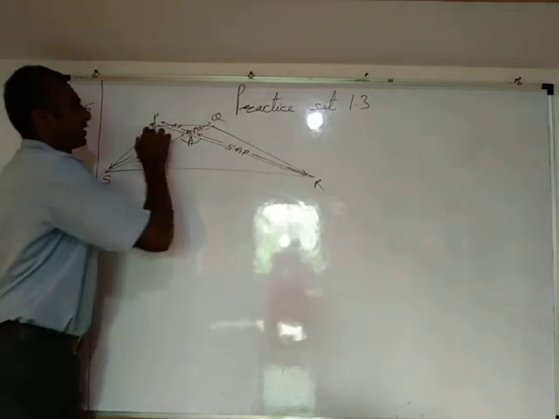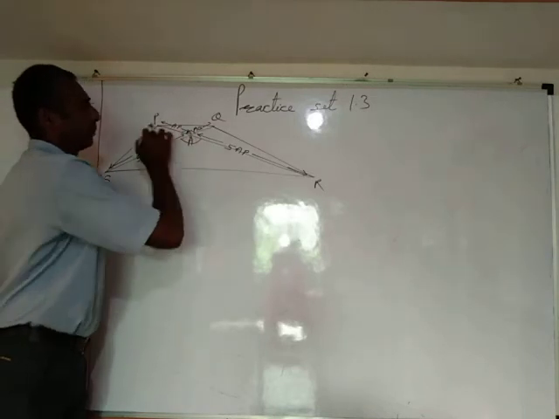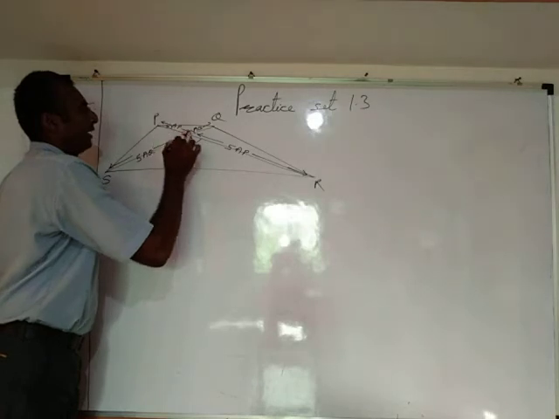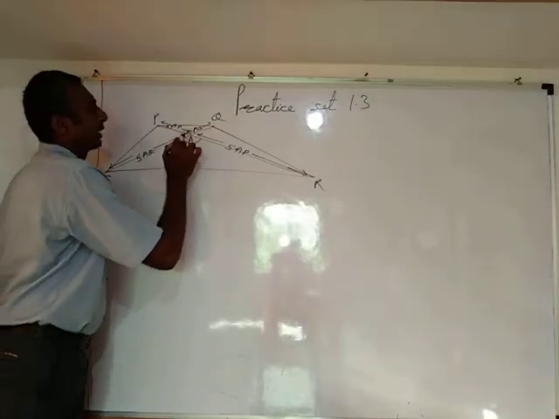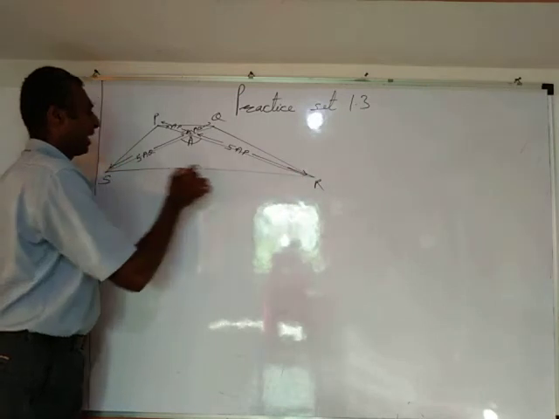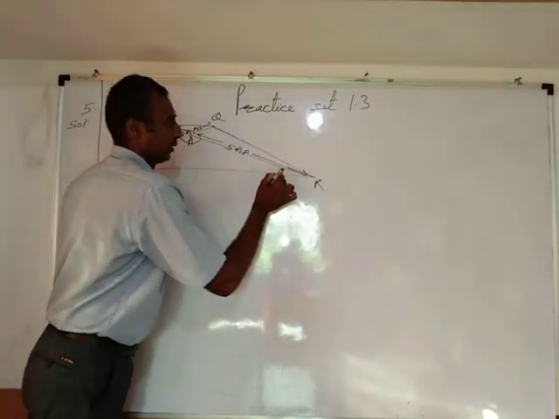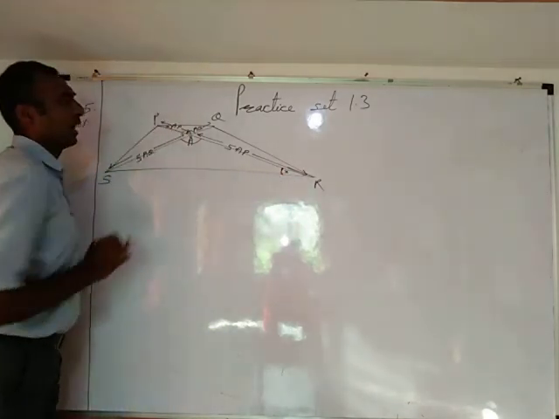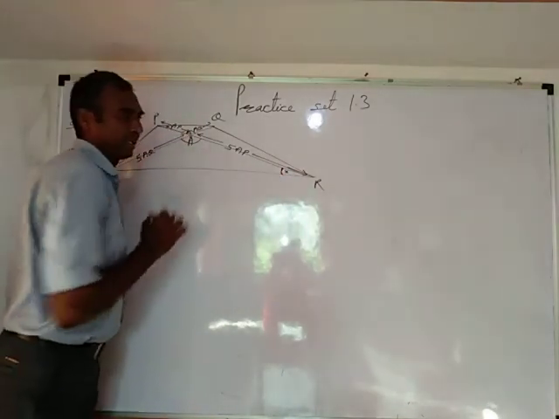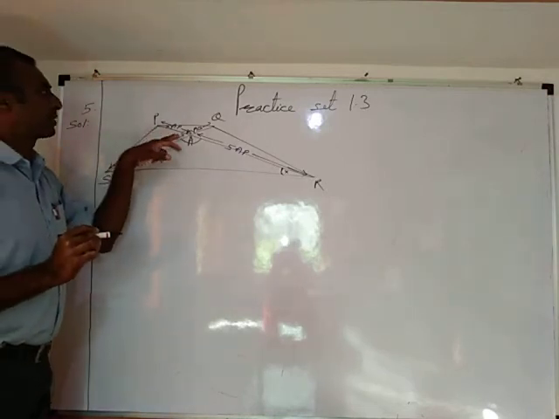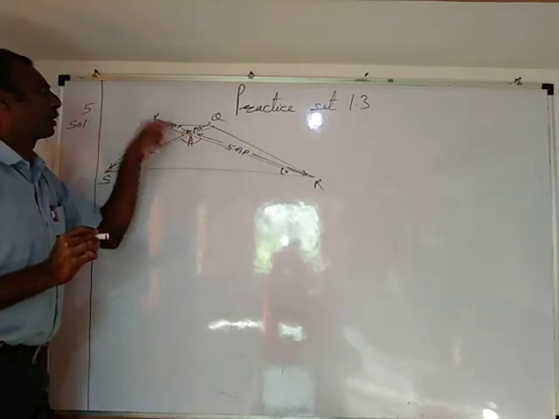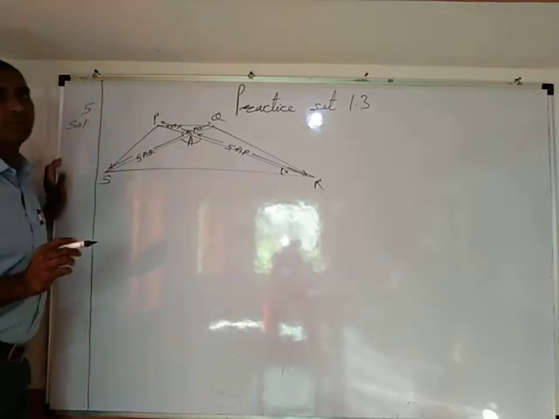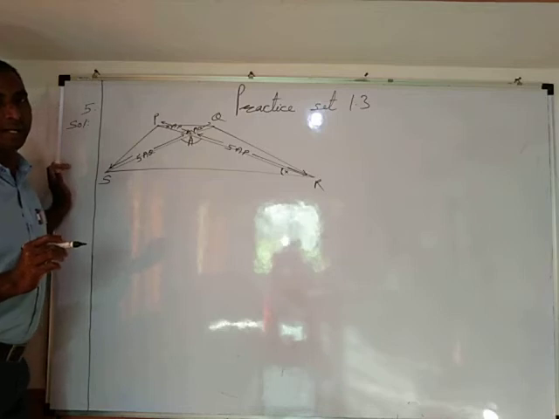And again, as PQ is parallel to SR and PR is a transversal, we may show angle APQ congruent to angle ARS, because it is a pair of alternate angles. As two angles of one triangle are congruent with two corresponding angles of the other triangle, therefore triangles are similar by AA test.